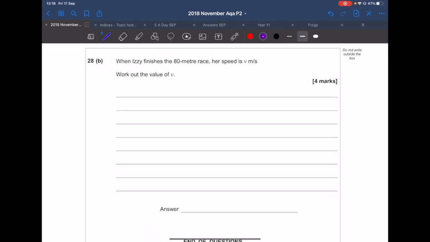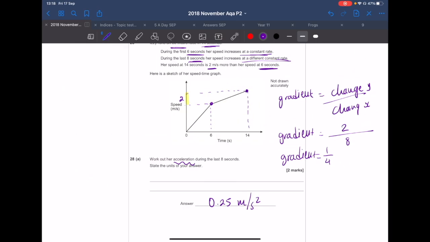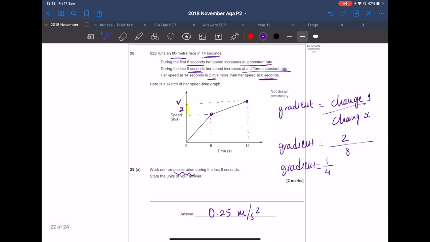When Izzy finishes the 80-meter race, her speed is v. Work out what the value of v is going to be equal to. Well, looking at this graph here, when she finishes, her speed is v. We're trying to find what that v is equal to. So we know that the total distance is 80 meters. On the first part, the speed increases at a constant rate.